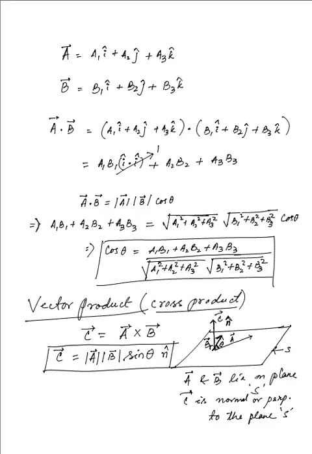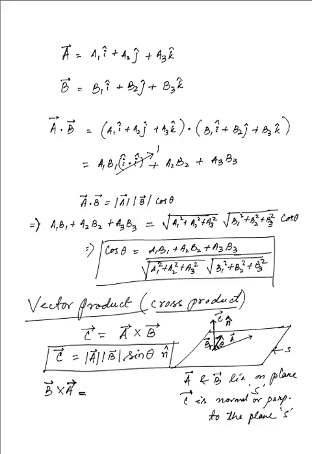Now, what do you mean by the order of the product? I am considering the vector A first to be crossed with the vector B. On the other way, if I was to consider the vector B first and take the cross product with A, then this will give me a different result. Different in terms of direction, not in magnitude.